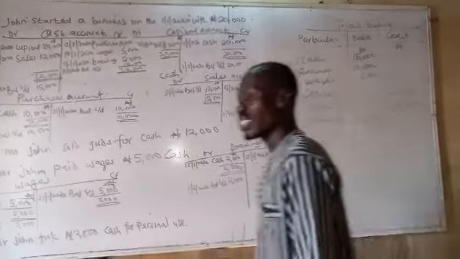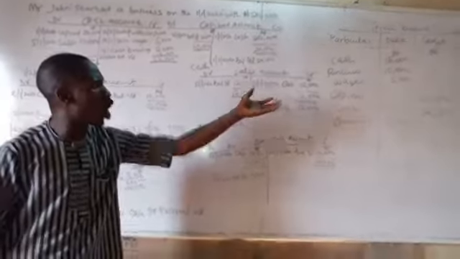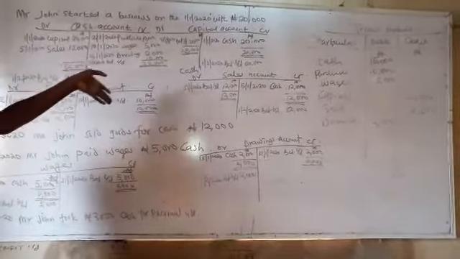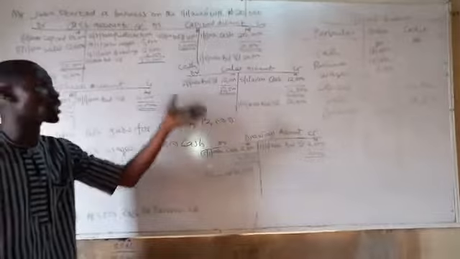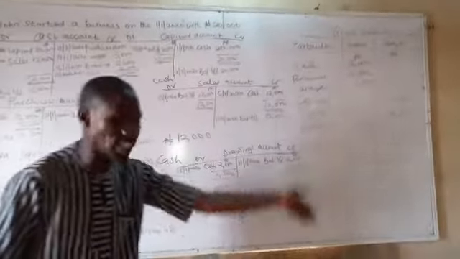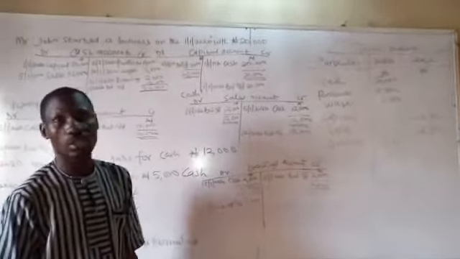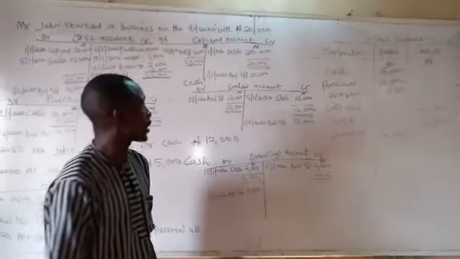This is a list showing all the debit balances and credit balances we have on our ledger account. Now let's see whether the total figure on the debit side will equate the total figure on the credit side.